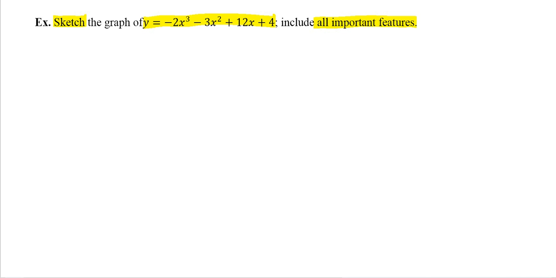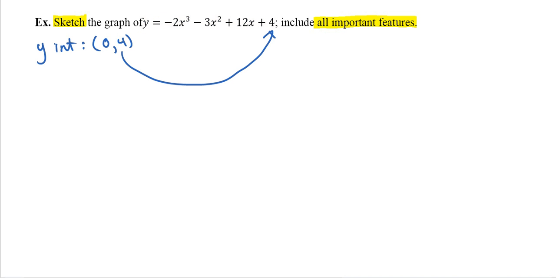One important point that you can get right away is your y-intercept. Your y-intercept will be the point (0, 4), and if you're asking where I got this point, well, that's this value right here. If I plug in 0 for all my x's, then I'm left with a value of 4, so that is my y-intercept.